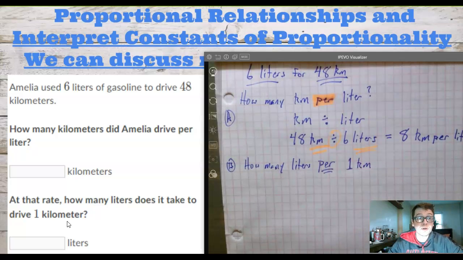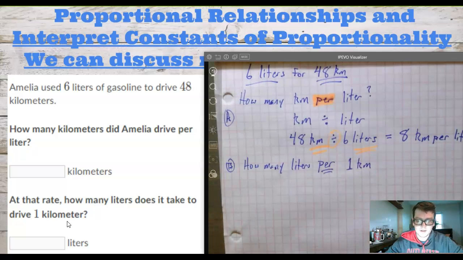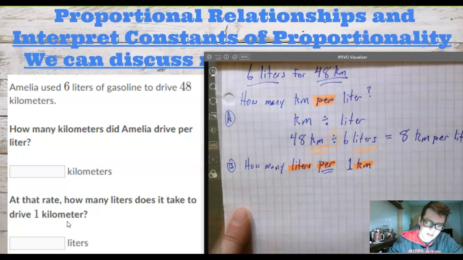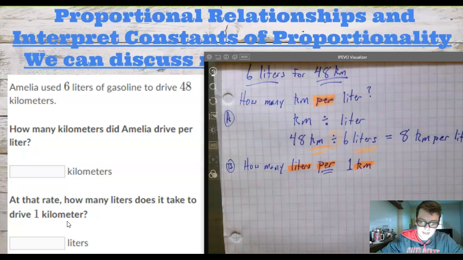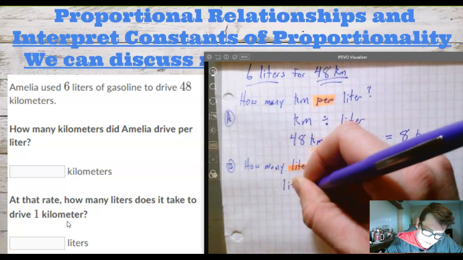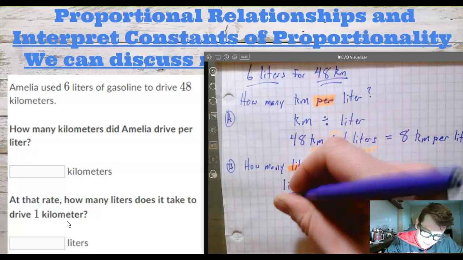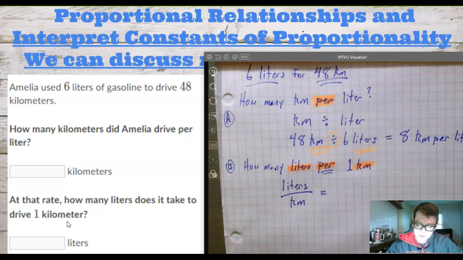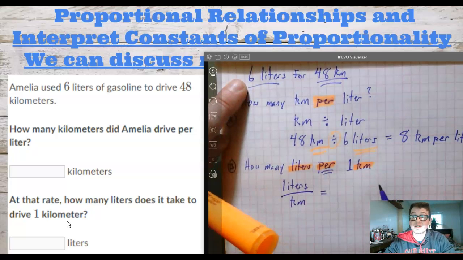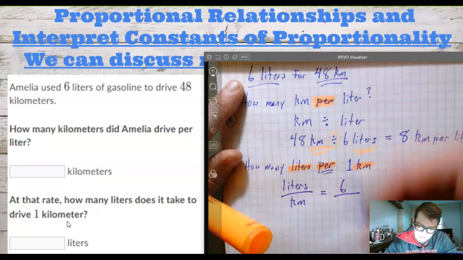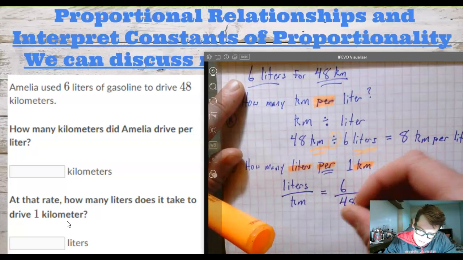And guys, here's the trick that people don't realize. Forget about the 1 for a moment. Just look at liters per kilometers. Set up liters divided by kilometers and use the numbers you have. We have 6 liters, so 6 would go on top, 48 kilometers.